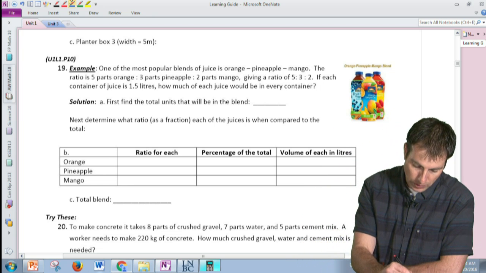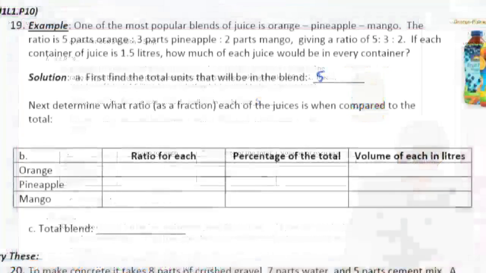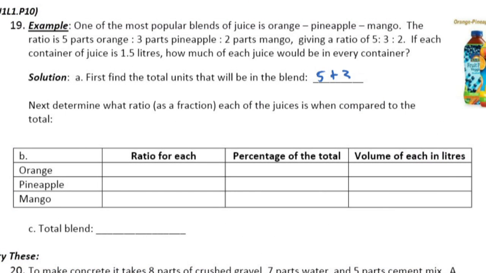The total units is going to be 5 orange plus 3 pineapple plus 2 mango, which is 10 parts, which is nice. 10 is a nice number to deal with.